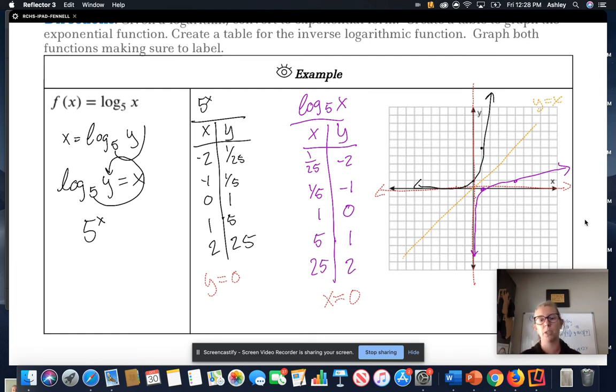On the Delta Math, when you're doing the practice for this, it's going to have you describe logarithmic functions. And one of the things it's going to talk about is, when we're talking about the end behavior here, x is going to approach 0, right? Because we can't go any further than that vertical asymptote. In Delta Math, they're going to use notation that'll be more common for pre-calc. So they're going to say as x approaches 0 from the right.